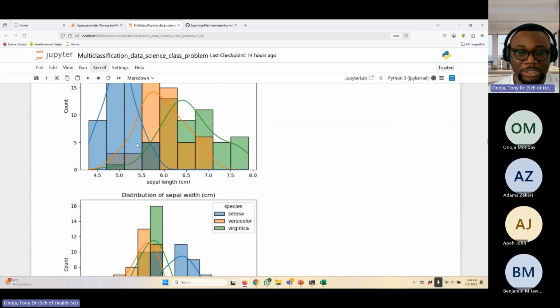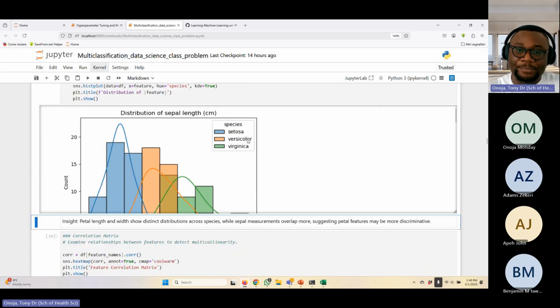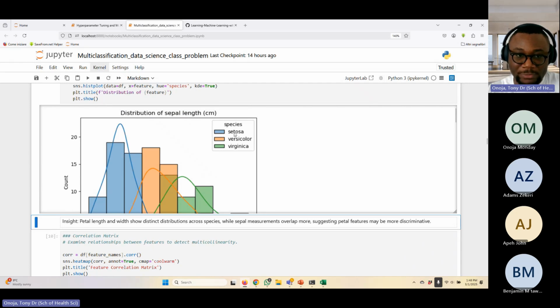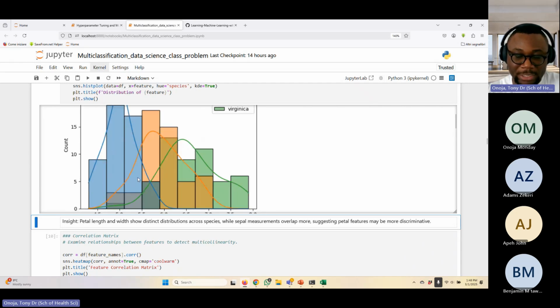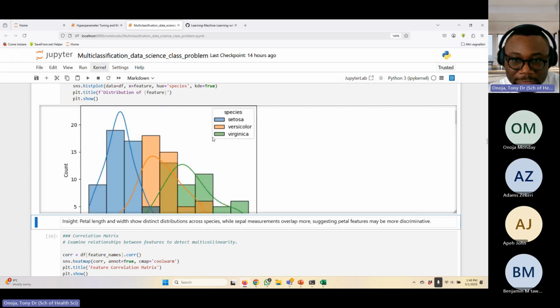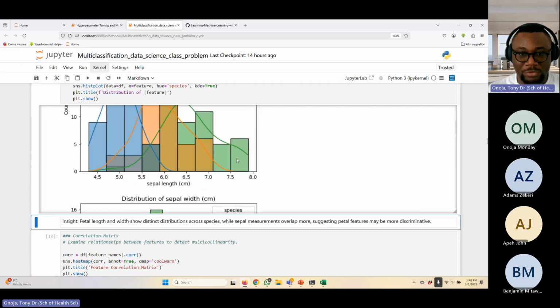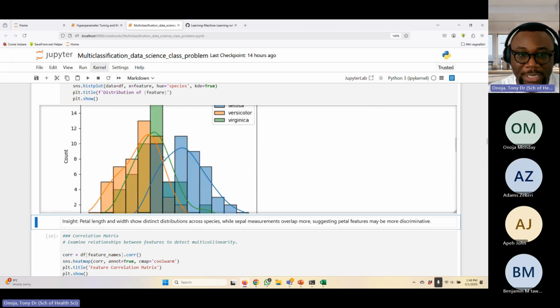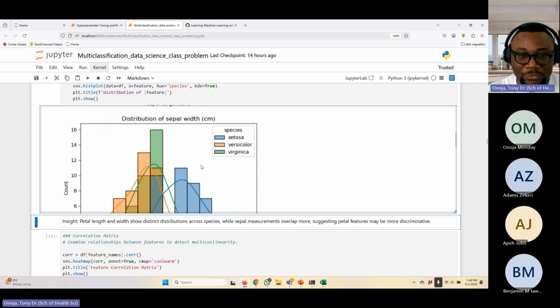When you run this, you will see that the distribution of the sepal length in each of the species actually does vary. Setosa seems to have higher, followed by Versicolor, and Virginica has very small ones. The same thing for the distribution of the sepal width: Virginica seems to be higher compared to the other two.